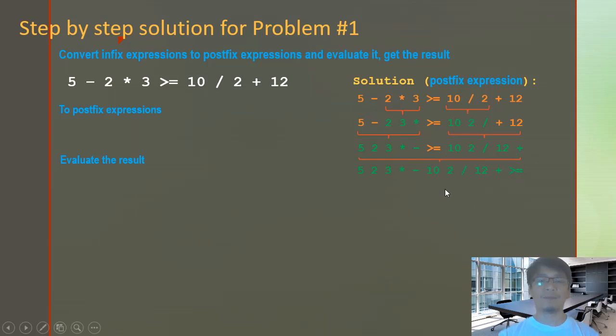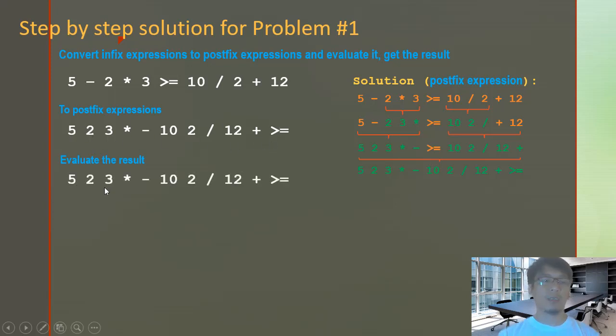So now we have the postfix, and all you have to do is evaluate it. On the postfix notation, we'll be evaluating from left to right. First, we have 2 times 3.